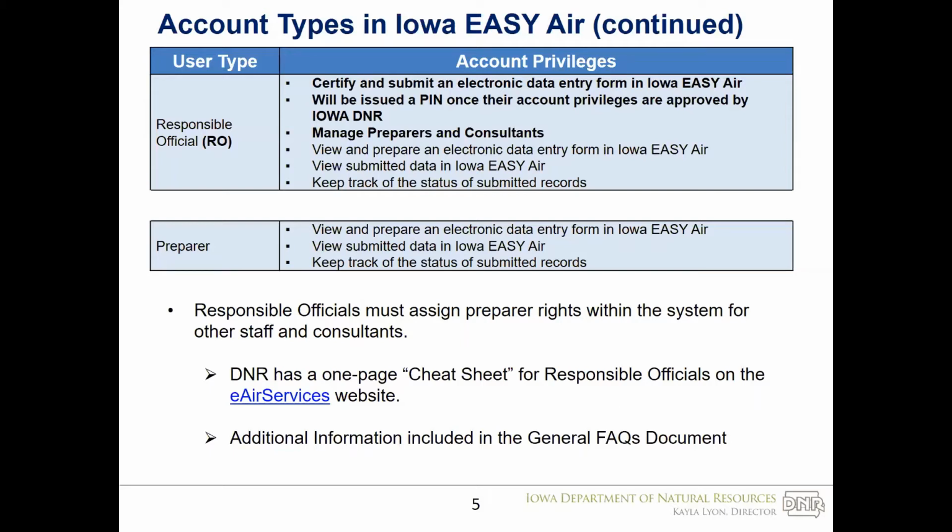And as Marnie had said, there's always additional information included in the general FAQs documents for setting up the system on the administrative side, as well as answering questions for each program.